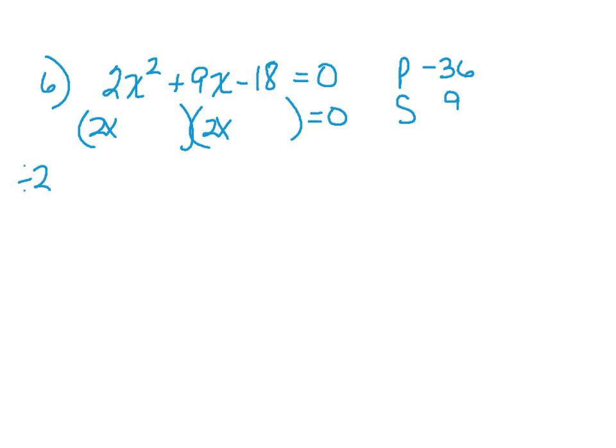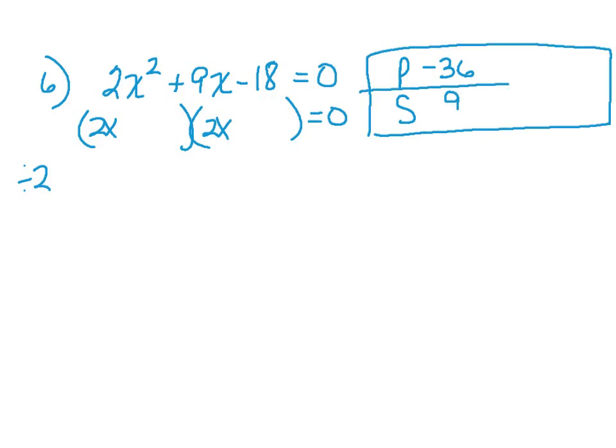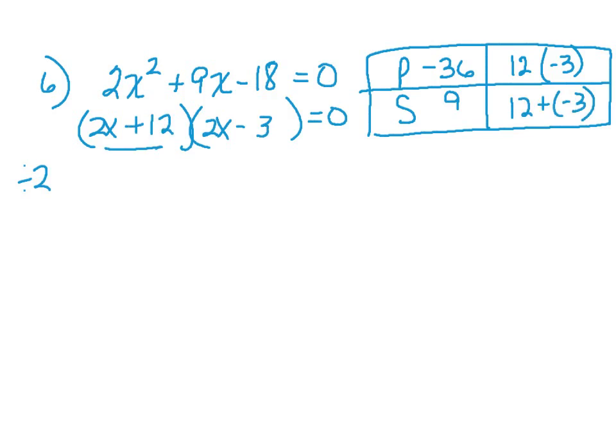So I need two numbers that when you multiply together, you get a -36, and when you add them together, you get a +9. As you go through your guess and test, you'll realize that your integers are 12 times -3, 12 plus -3. So we have +12, -3. Let's correct our mistake.